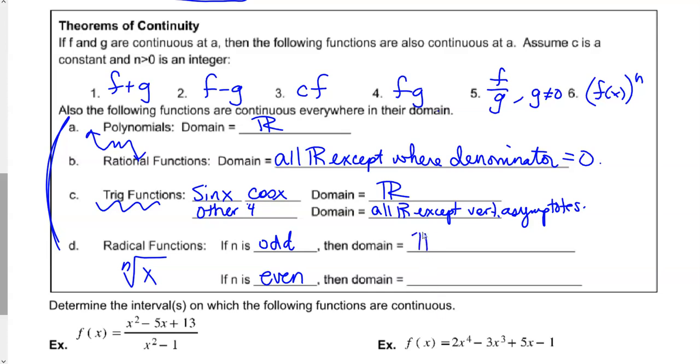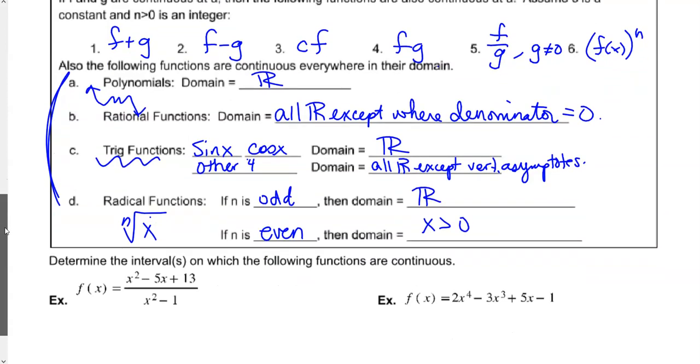So the domain of any odd nth root will be all real numbers. But if it is even, like the square root of something or the fourth root of something, remember, that can't happen on negative numbers. So the domain is wherever the radicand underneath is greater than or equal to 0.